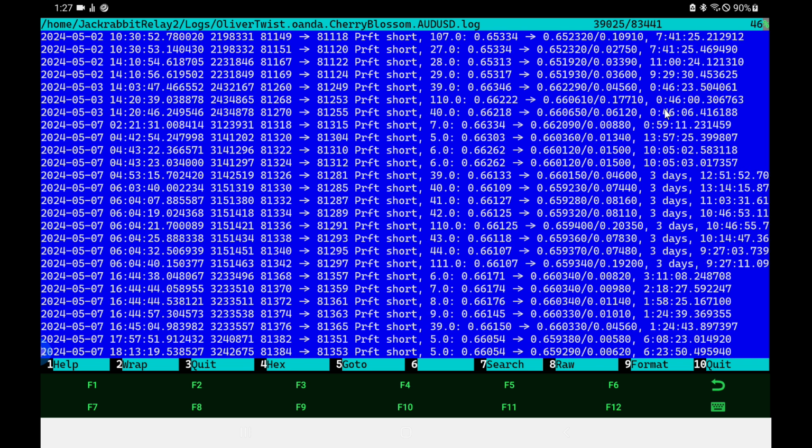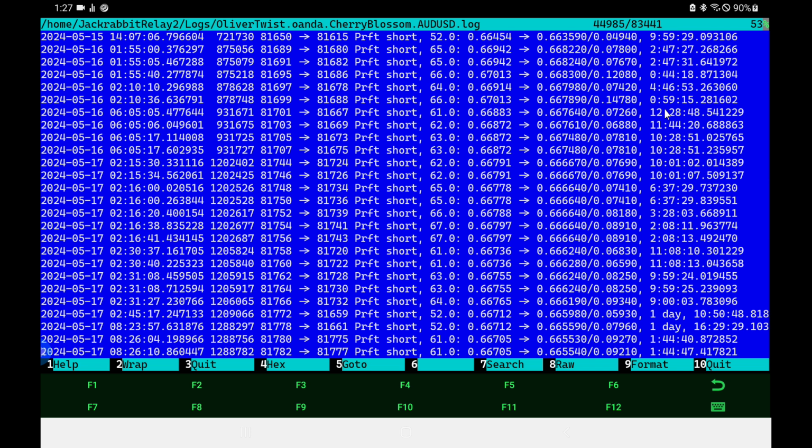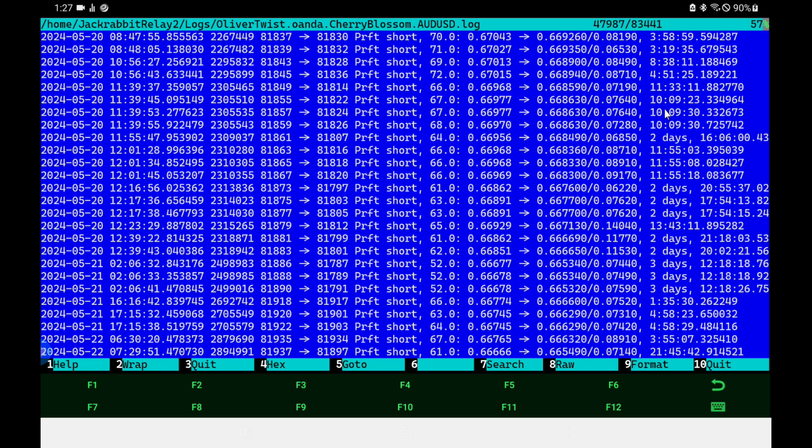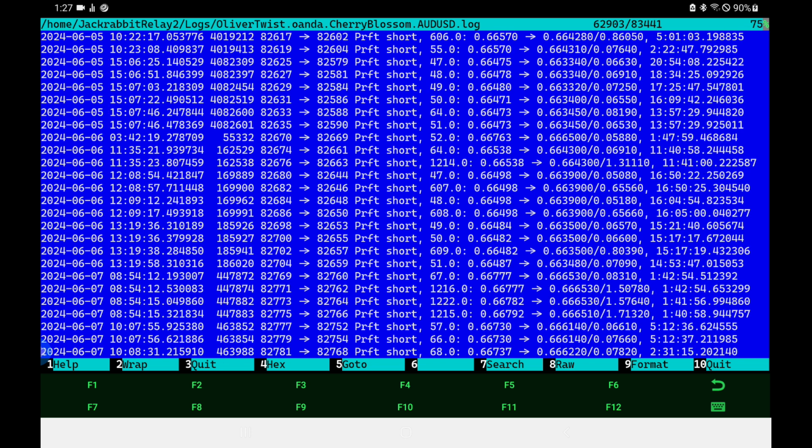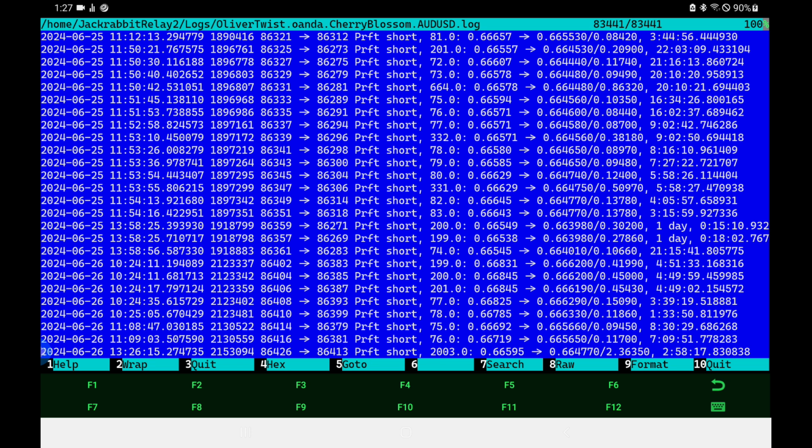And we continue going through the trades, and we can see many interesting patterns, although they're not as obvious now as they will be in a few moments. Okay, let's get to the most recent trades.